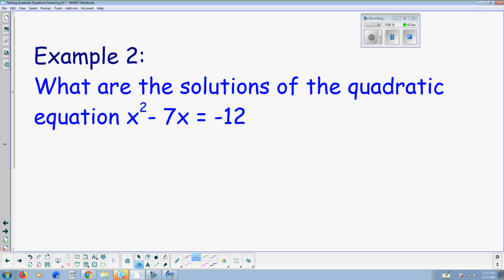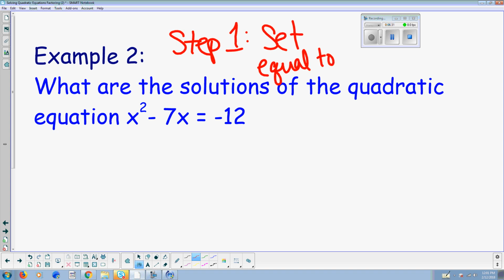So, step 1, every time, if you're solving by factoring, is going to be to set the equation equal to 0. Well, the only way I can set this equal to 0 is to somehow cancel out this negative 12 here.